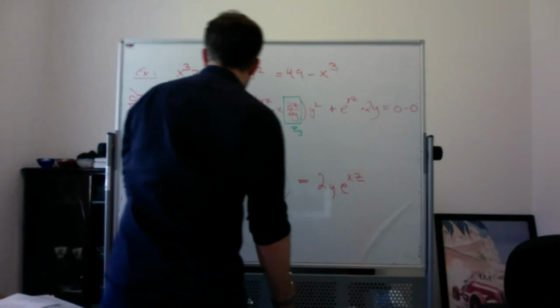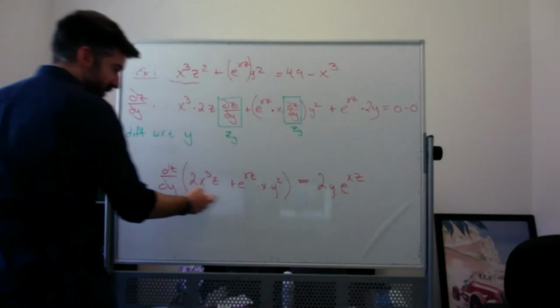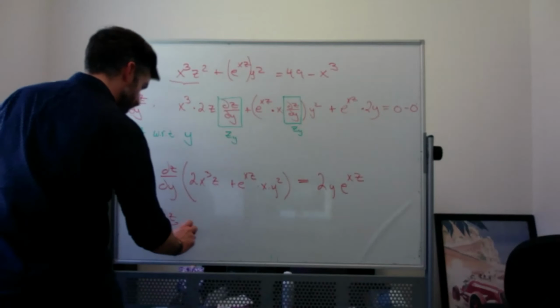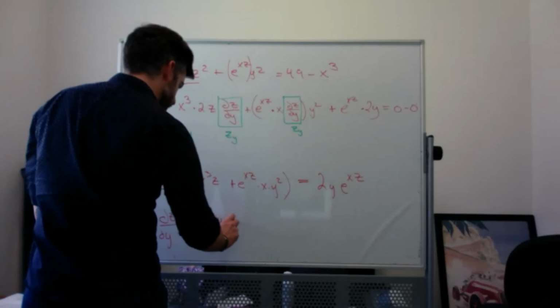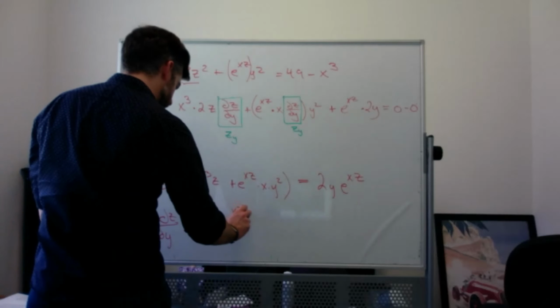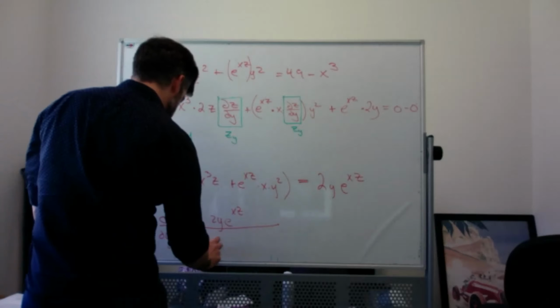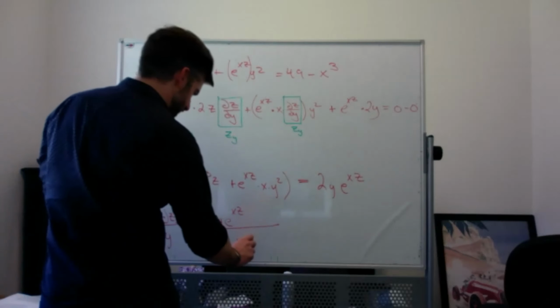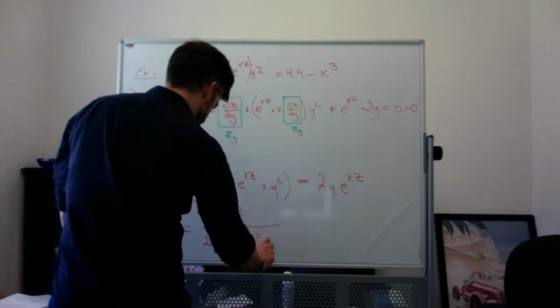Finally, to solve for this, I'm going to divide by all that. So del z del y equals 2y e to the xz divided by 2x cubed z plus, I would probably write this as, xy squared e to the xz.